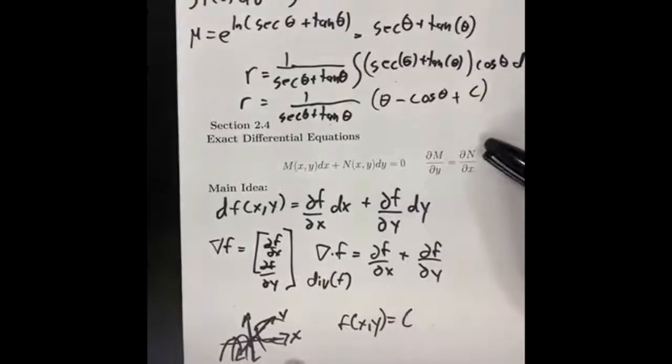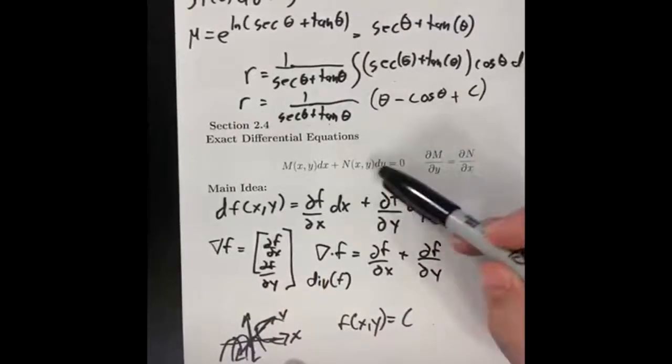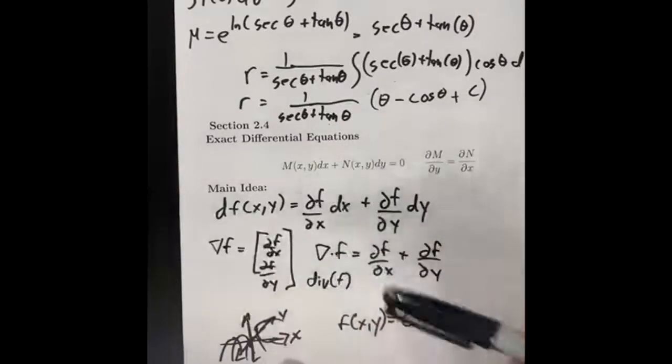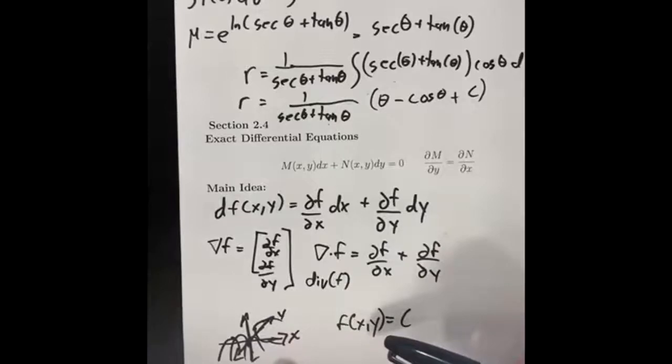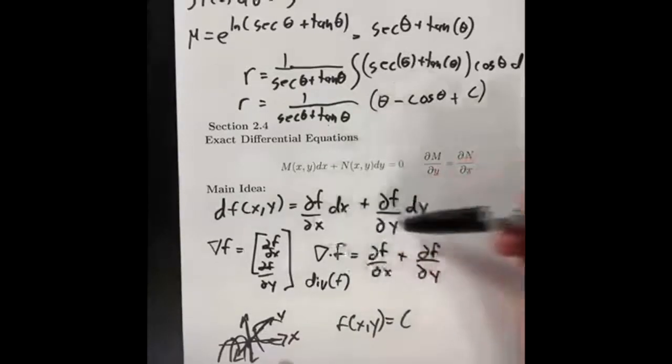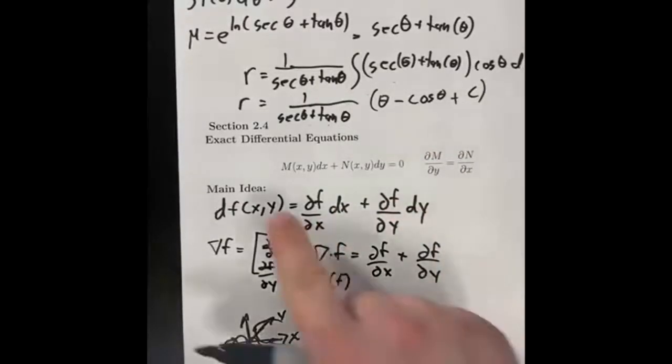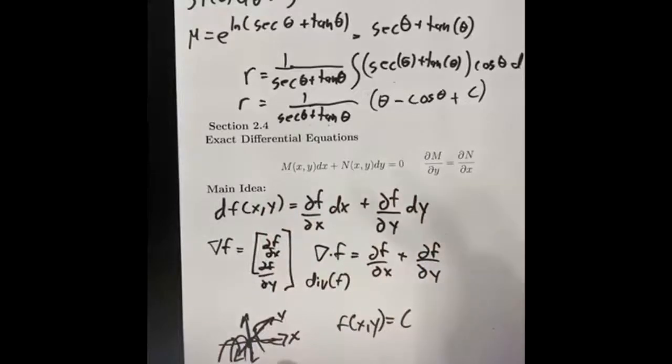If that equals the partial derivative of n with respect to x, then we know it's an exact differential equation. If this is not true, then it's not exact. It's just some other differential equation. There is no f that satisfies this type of differential equation.